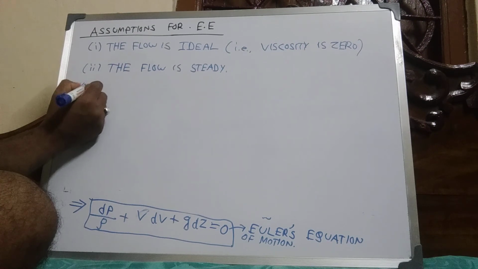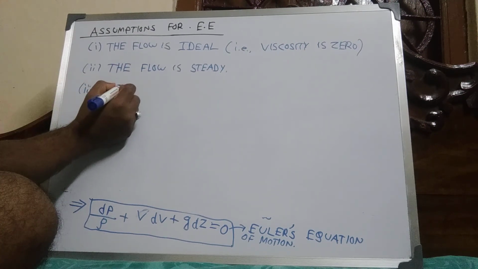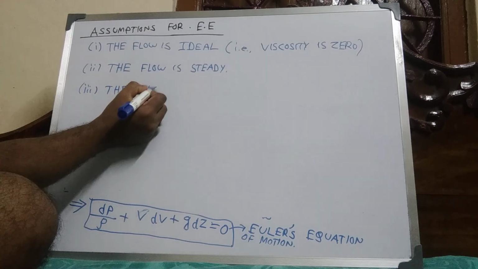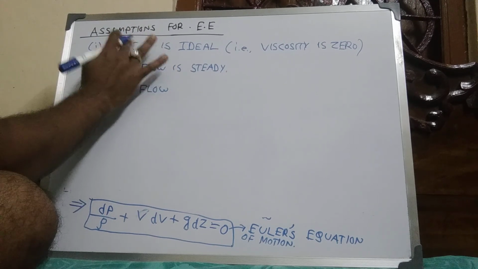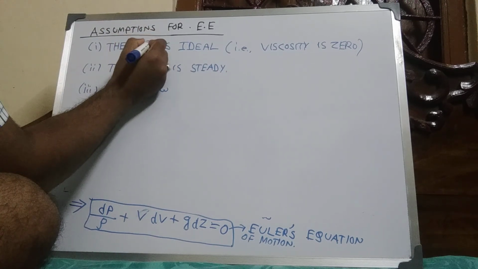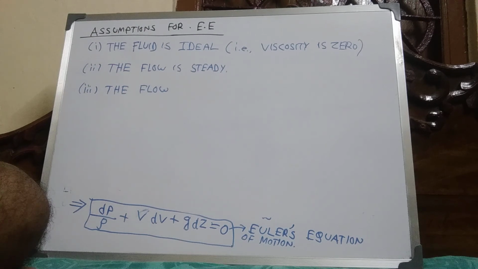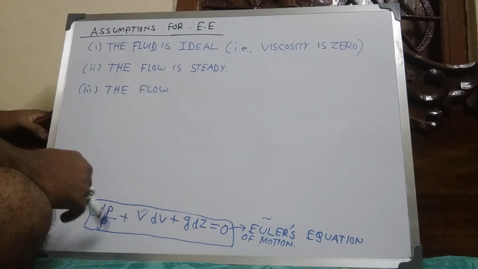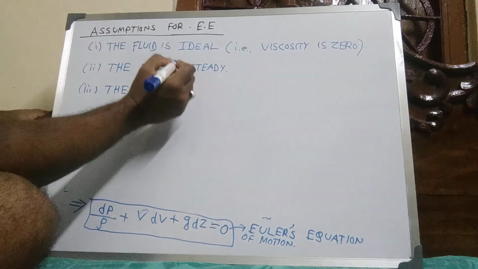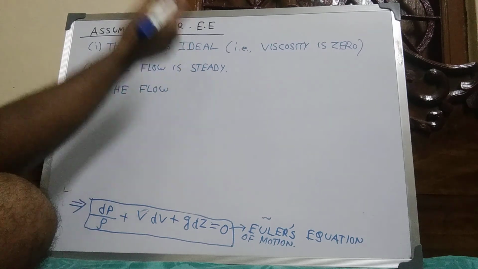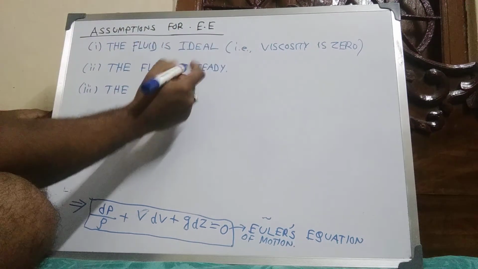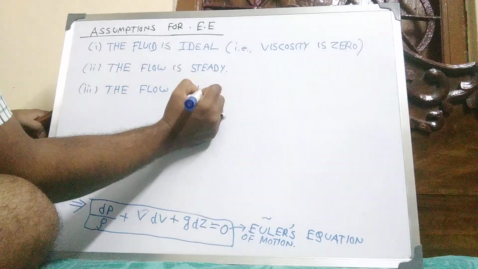Number three, the flow is incompressible. Sorry, the fluid is ideal, flow is incompressible.